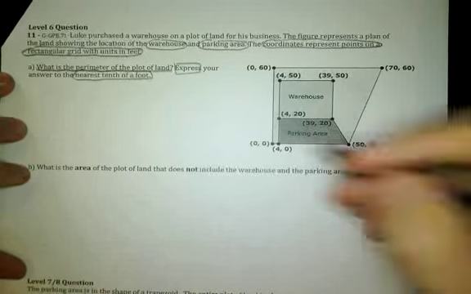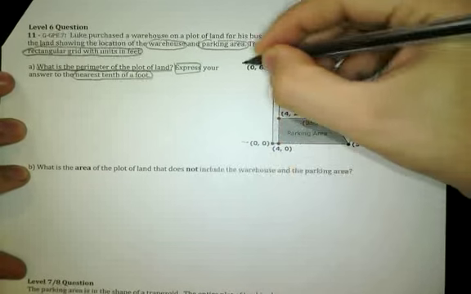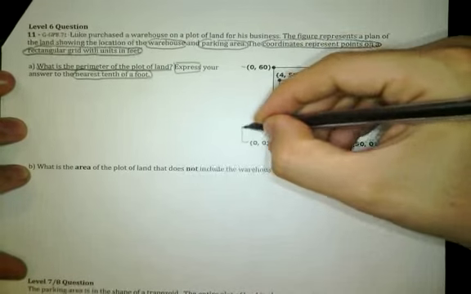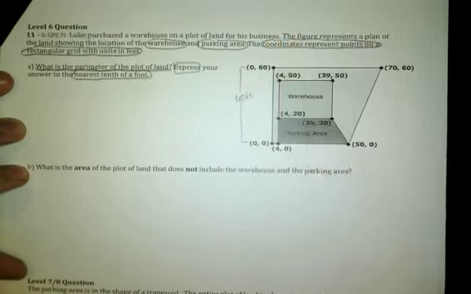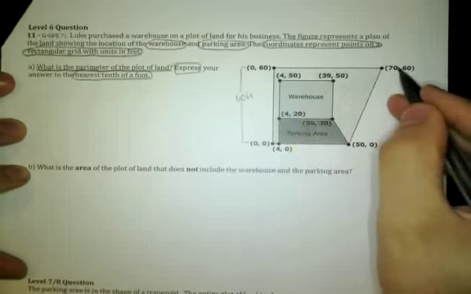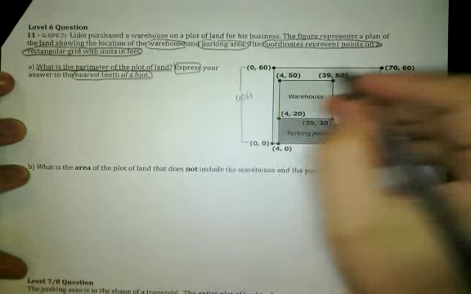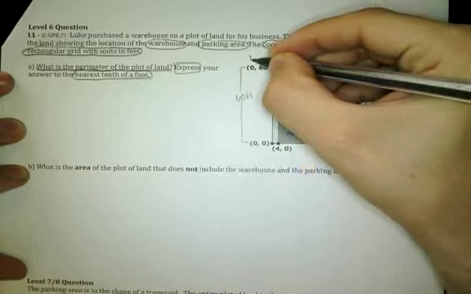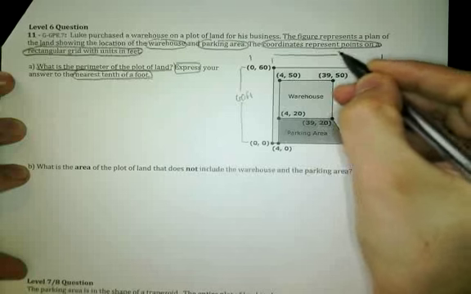So I know that this side is a total length from here to here, which is going straight up. So I go straight up 60 feet. To find this length, this time I'm going left and right, so I'm only going to have a change in my x-coordinates, right? So to go from here to here is a total of 70 feet.